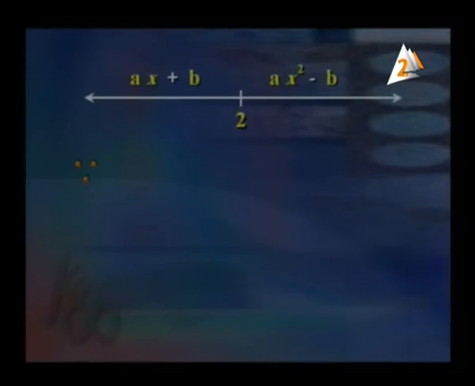Solution. Look at the opposite graph. The limit of f of x when x tends to 2 equals 3. Since the limit exists at x tends to 2, what is the condition, dear student? The limit of f of x equals 3 when x tends to 2.